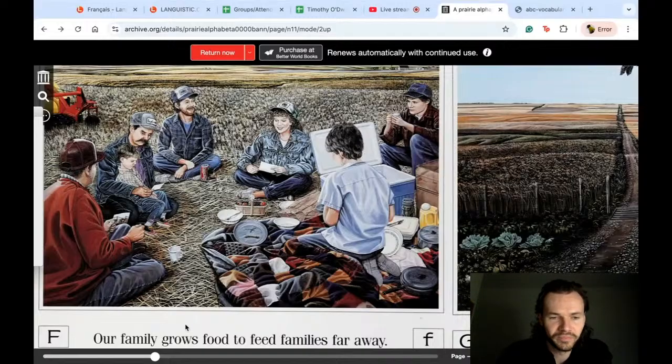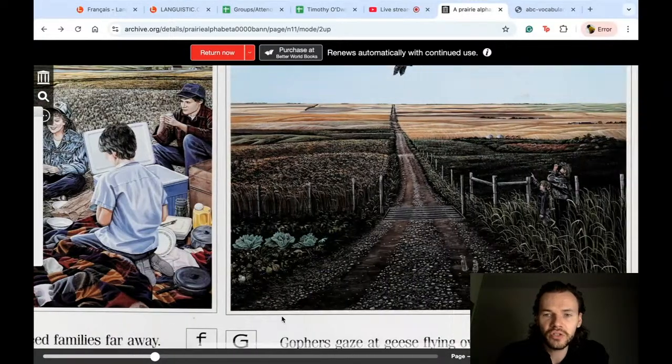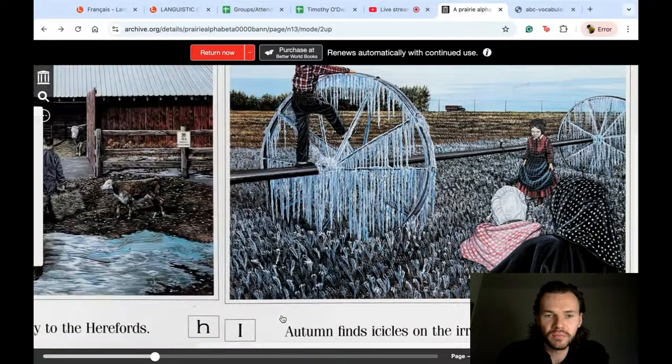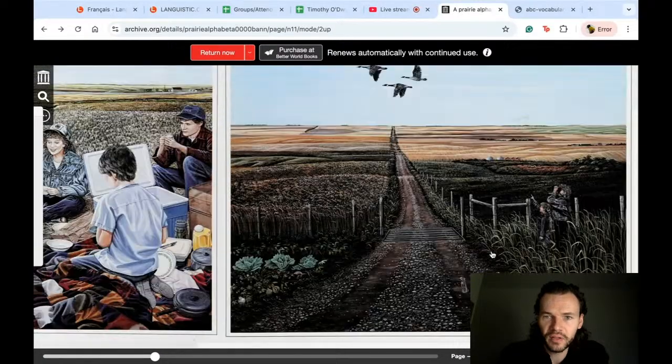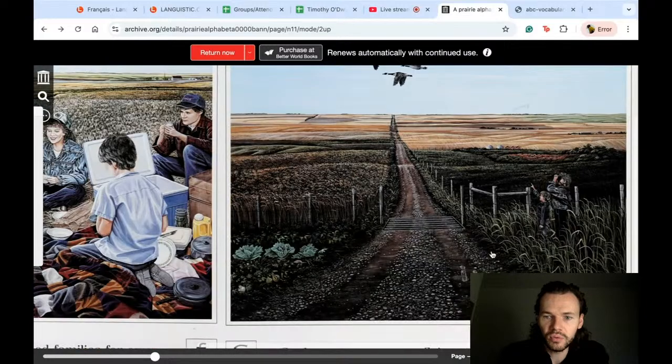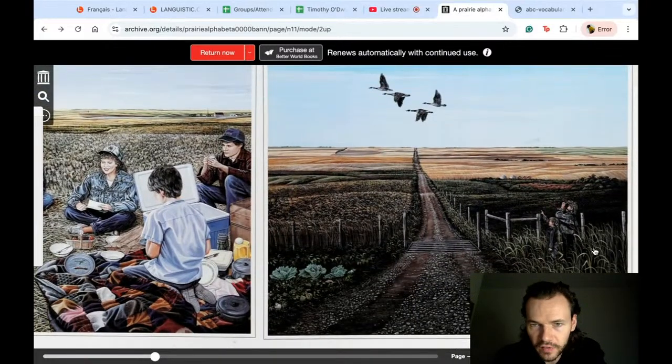Okay, so moving on to our next letter. We have the letter G. Here we go. G. Ooh, I'll zoom out a little bit. Want to get those Canada geese in there.